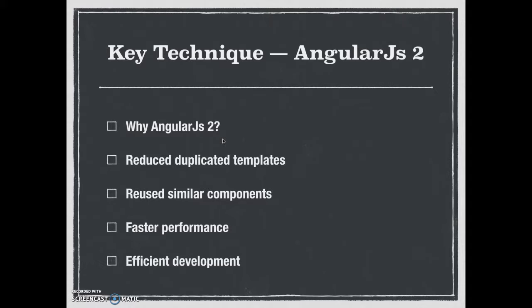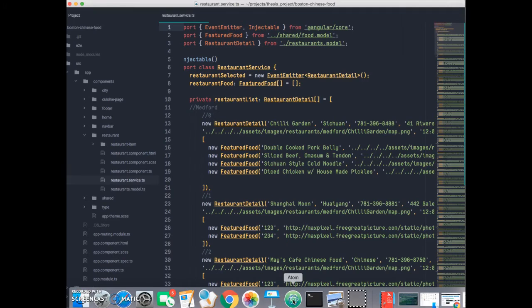Angular uses two-way data binding, so any change in the user interface will immediately influence the application object. And when the framework detects a browser event, a model change, or a user action on the page, it updates immediately. So let's take a look at my code.